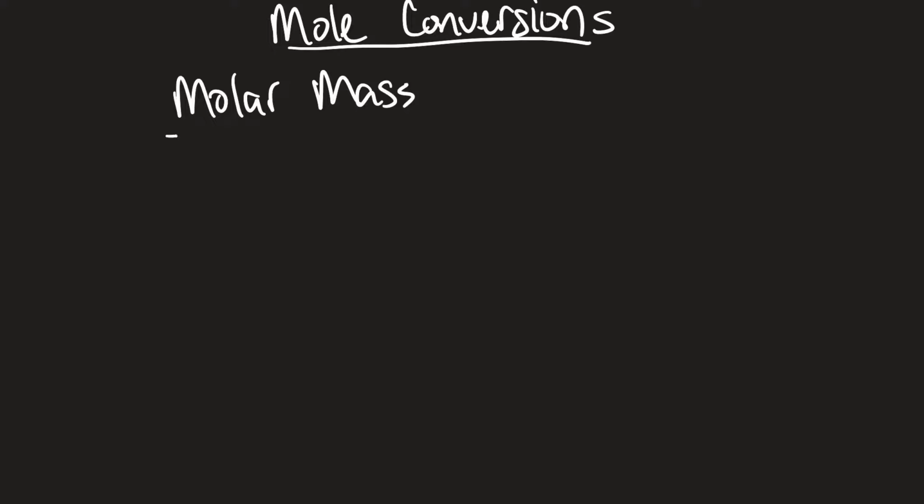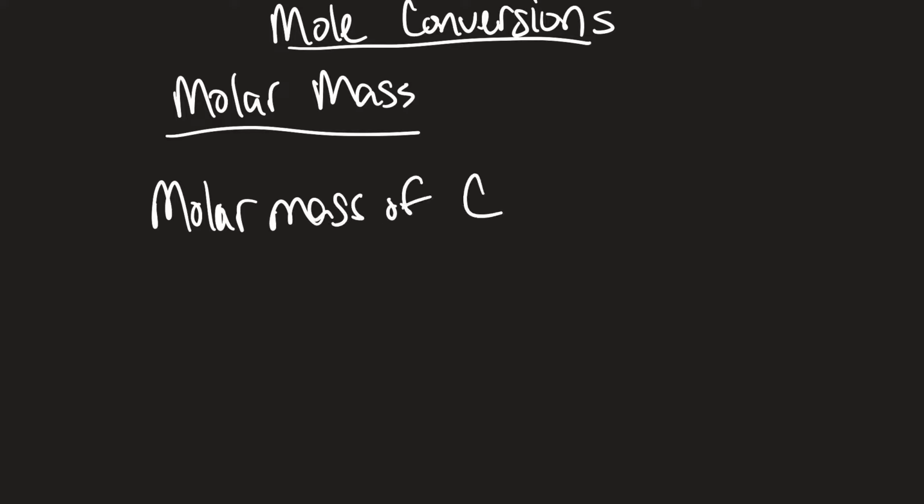Now, the cool thing about molar mass is it also allows us to convert from mass of a substance to moles of a substance, or vice versa. For example, if you look at the periodic table and you're trying to figure out the molar mass of carbon, it's simply 12.011 grams per mole, okay?